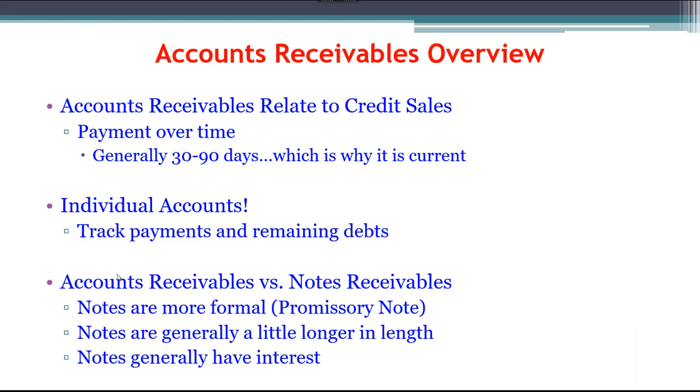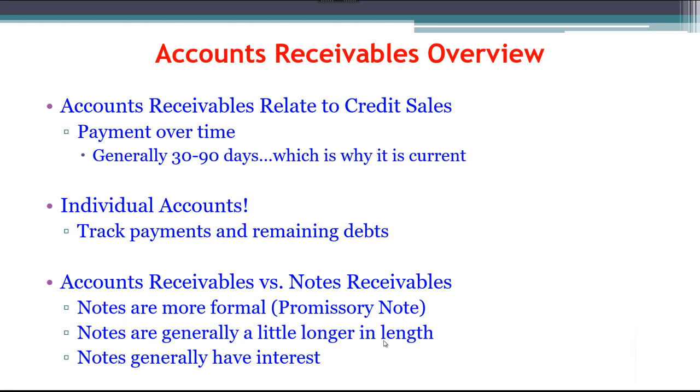So instead of just having that informal arrangement, they'll negotiate with you and actually sign a promissory note promising to pay within maybe 120 days or a year. Possibly longer, not generally, for that purpose. So notes are more formal. They have a promissory note, a financial instrument attached to them.